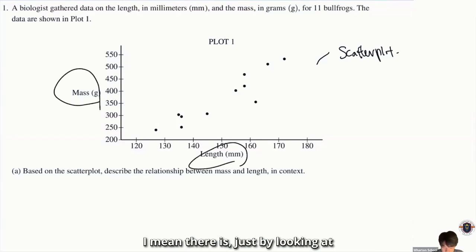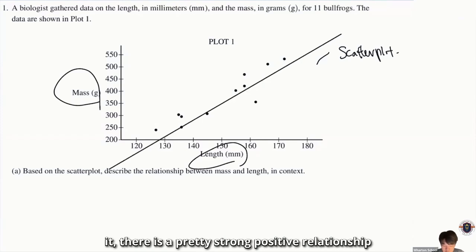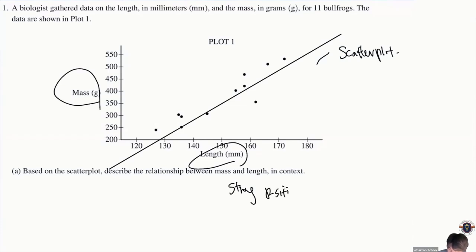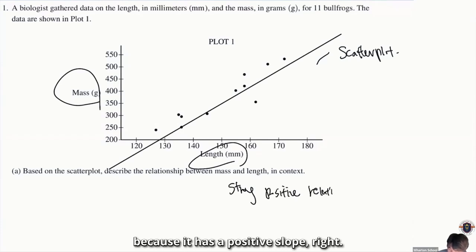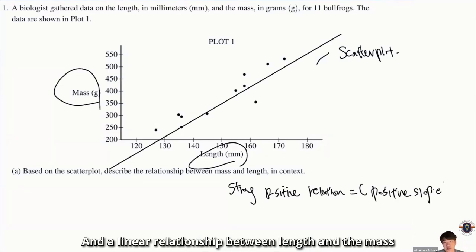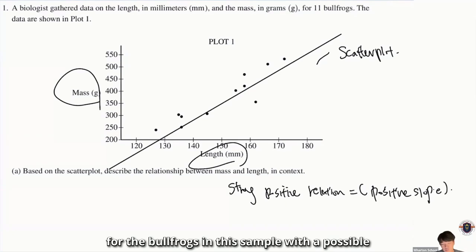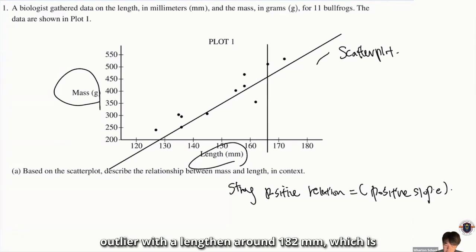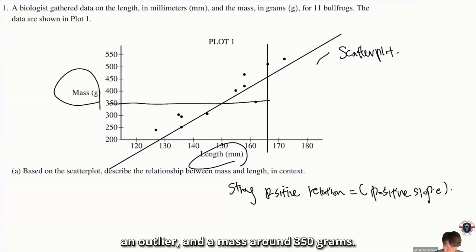Just by looking at it, there is a pretty strong positive relationship because it has a positive slope, right? And a linear relationship between length and mass for the bullfrogs in this sample, with a possible outlier with a length around 182 millimeters and a mass around 350 grams.